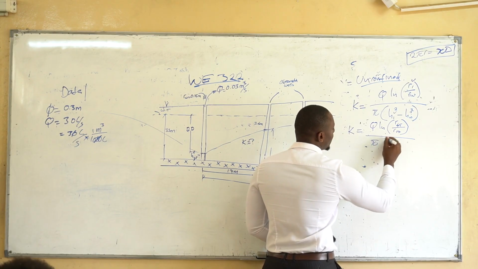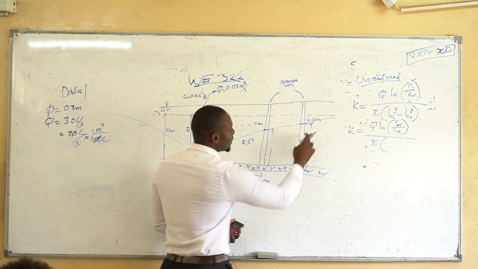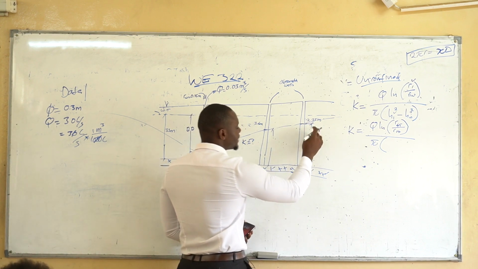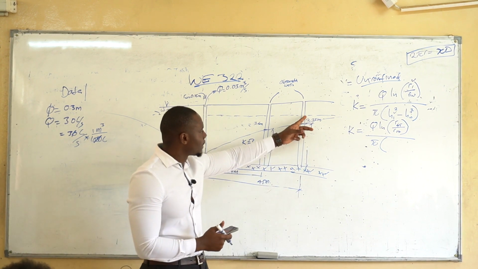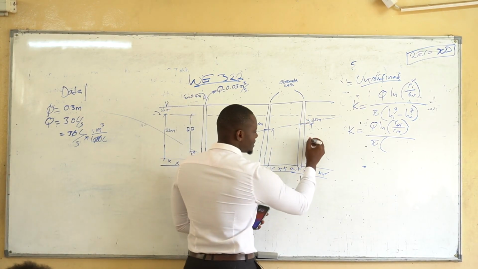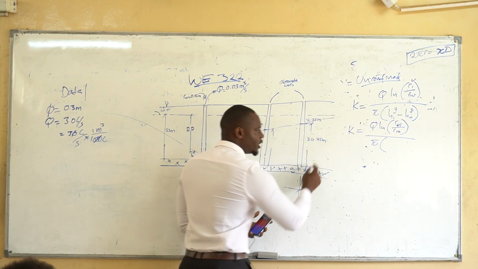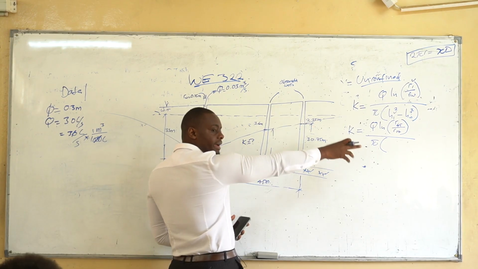Pi, open brackets. We didn't do this. This is just a difference of 33. We subtracted 2.2, right? So what value is this? 30.75 meters. Remember, we don't need the drawdown in the equation.